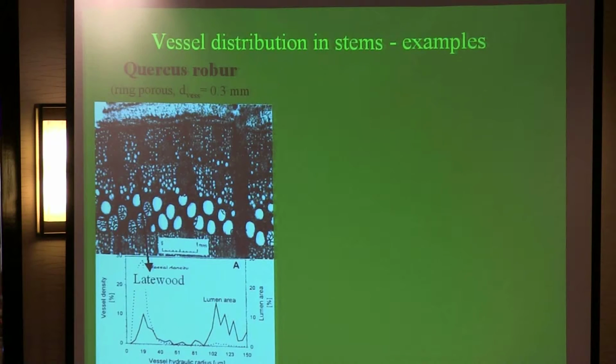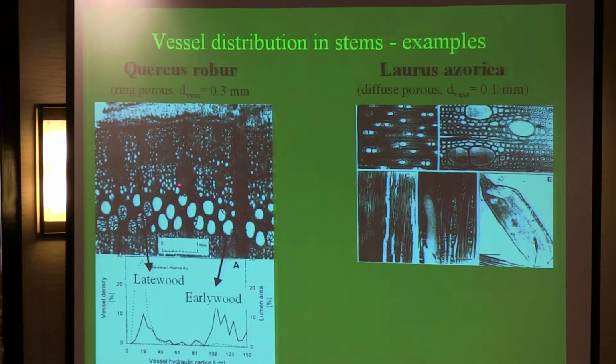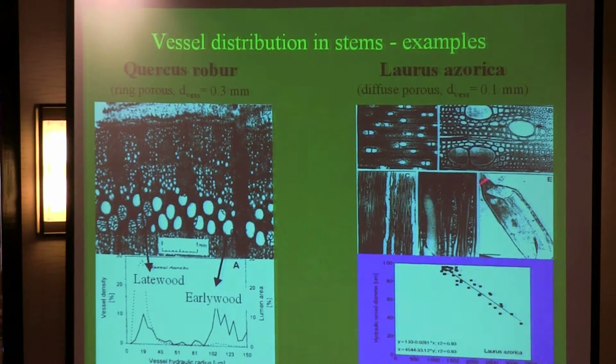Of course, they also have a different vessel distribution. And this is, for example, an oak tree. You see highly conducting large vessels, and little conducting small vessels. And this is a similar picture showing the behavior of Laurus azorica.